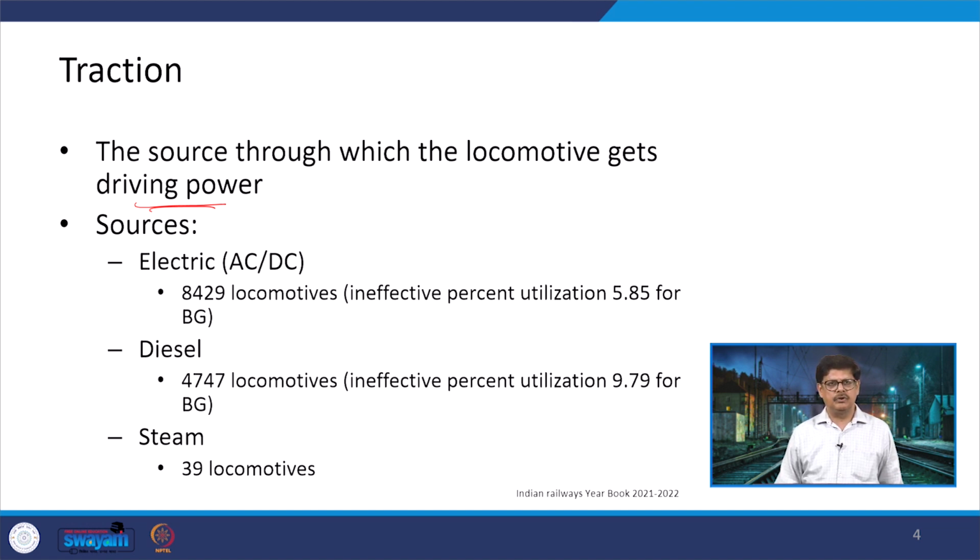If we talk about the various sources, there can be three different sources. One is electric, another is diesel, and the third one is steam. The steam locomotives have been in use from the very start on the railways, and that has been true for the Indian Railways too.